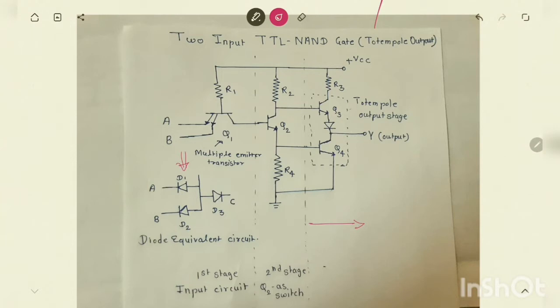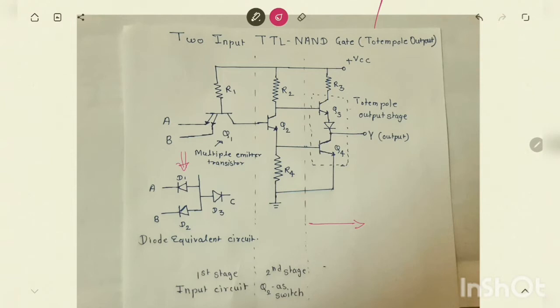The second emitter terminal is represented by diode D2, and base and collector is represented by D3. This is the diode equivalent circuit of the multiple emitter transistor. Here we are taking only 2 inputs. Suppose multiple inputs are there, then multiple emitter junctions are required. That means if n number of inputs are there, then n number of emitter terminals are there.